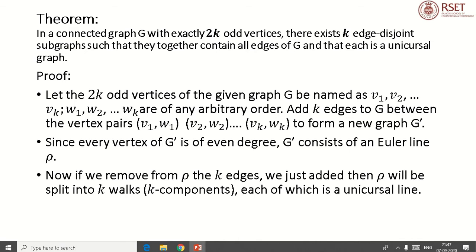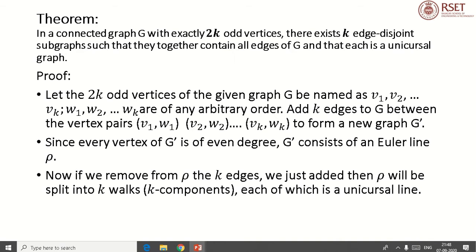Assume the 2k odd vertices of the given graph G are named V1, V2, ..., Vk and W1, W2, ..., Wk in any arbitrary order. Add k edges to G between the vertex pairs V1W1, V2W2, ..., VkWk to form a new graph G dash.